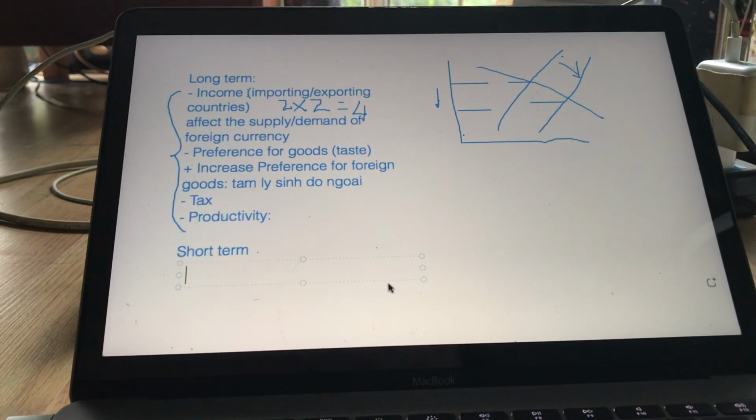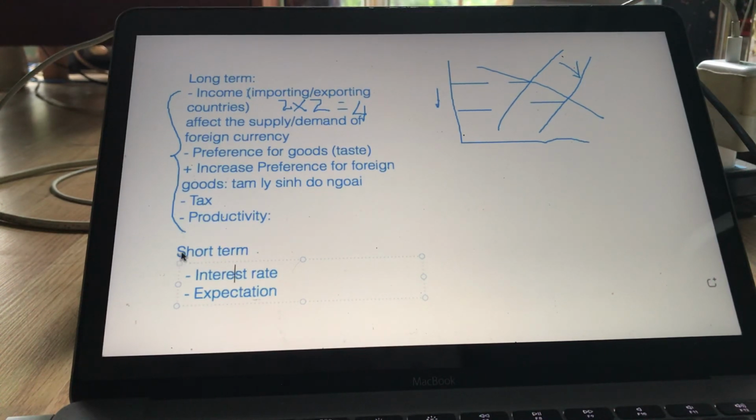For the short term, we have two determinants. In the short term, we have the interest rate. That's the first one, and we have the expectation. Expectation here means expectation for the prospect of the economy, of the domestic economy or of the global economy.